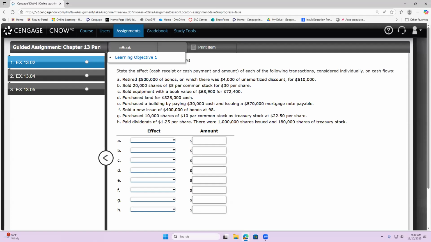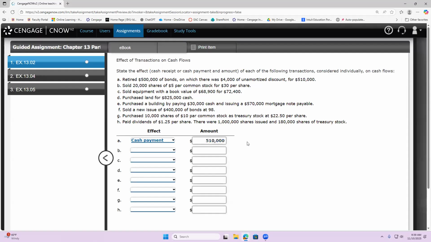So we have to think what actually is changing from a cash perspective. And really, these will trick you because you see all these different numbers, but this $510,000, that's how much cash we actually had to pay, right? So our cash is going to go down, or there'll be a cash payment of $510,000.